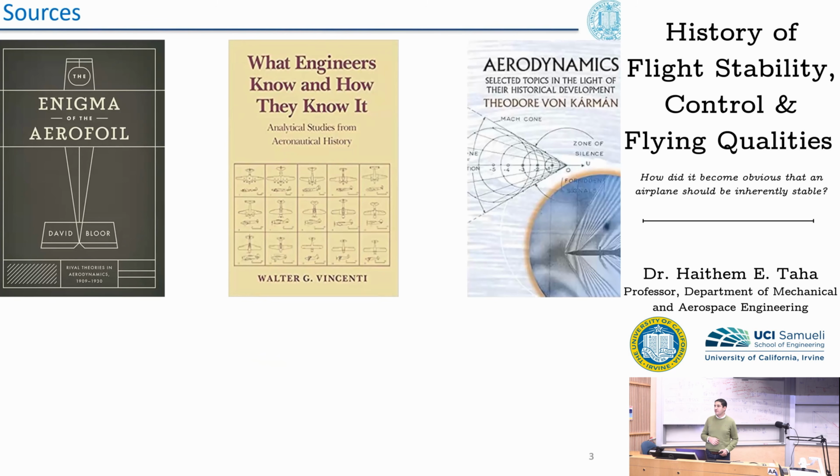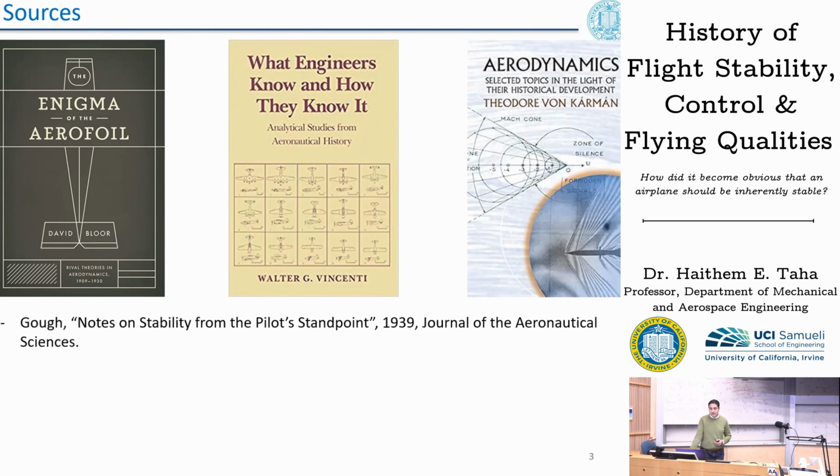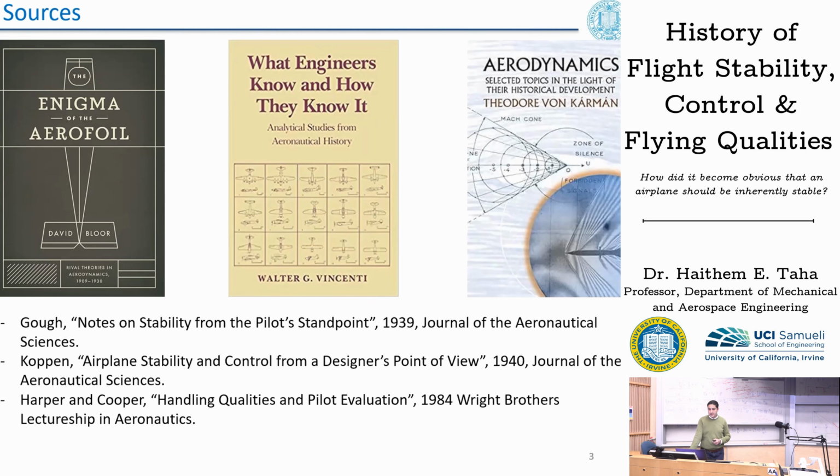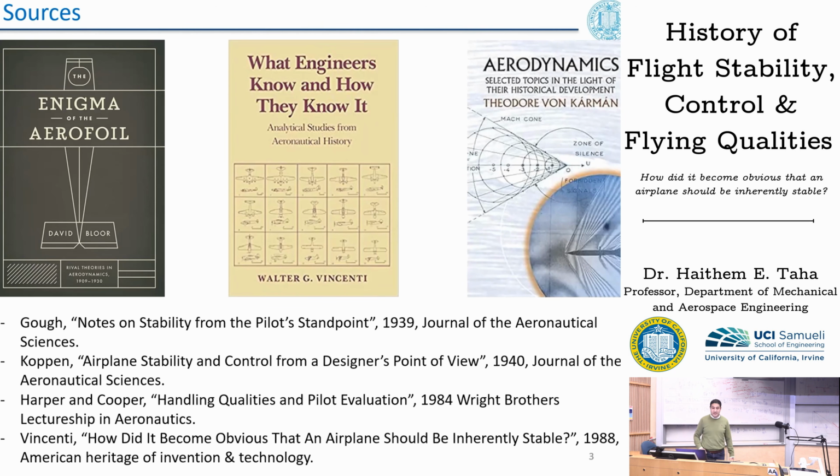Also some material from von Karman's book on aerodynamics, in addition to a wonderful collection of interesting papers: Melvin Gough, Notes on Stability from the Pilot's Standpoint; Otto Koppen, Airplane Stability and Control from a Designer's Point of View; the 1984 Wright Brothers lecture by Harper and Cooper on handling qualities and pilot evaluation. And in fact, Vincenti had an article with the exact same title: How did it become obvious that an airplane should be inherently stable?